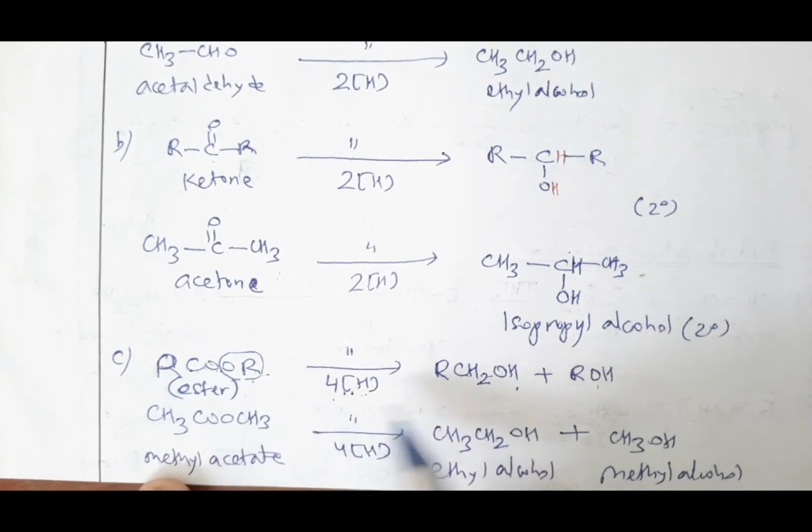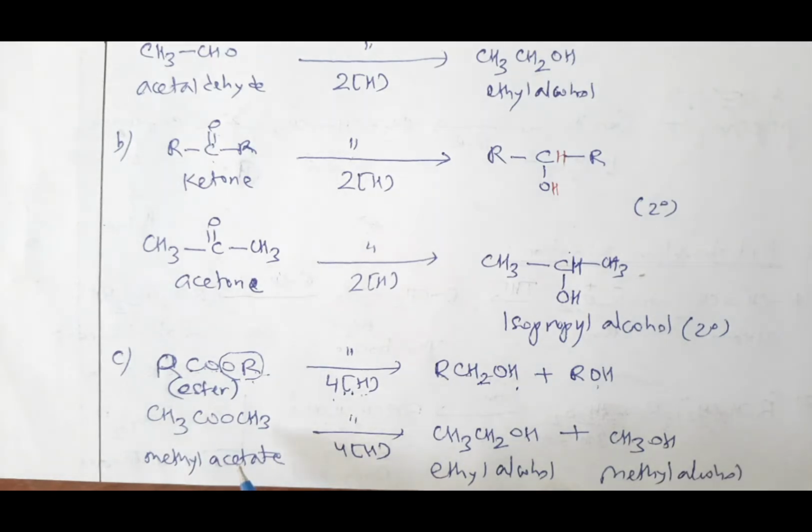RO will take 1 of the H to form ROH. Now how many H is left? 3. Out of 3 H, 2 will go to the carbon and form CH2. The other leftover H will go to the O to form OH, and we get RCH2OH. So both are alcohols. So you get 2 alcohols when you reduce ester. When you reduce ester, you get 2 alcohols, students.